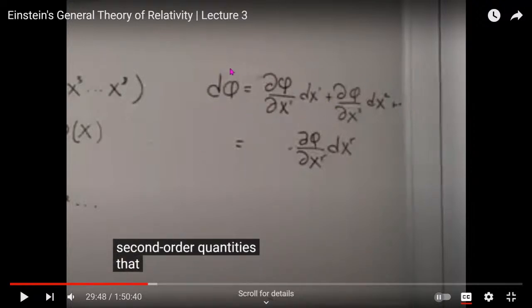I'm thinking about the second orders. When you move in the direction of dx1, and then you move in the direction of dx2, you're not starting from the same place, right? You move a little bit in the direction of dx1 and a little bit of dx2, from the original x1, x2.